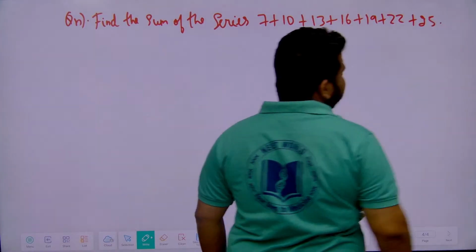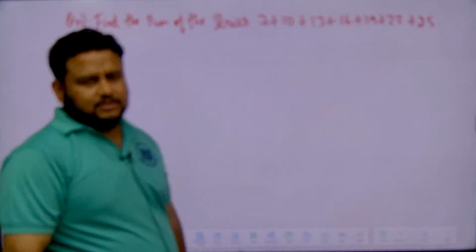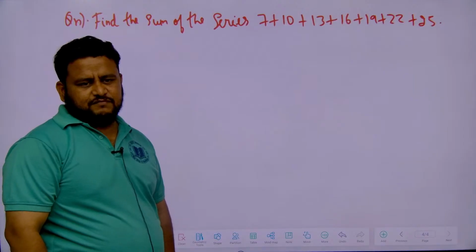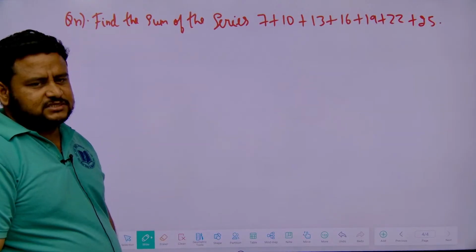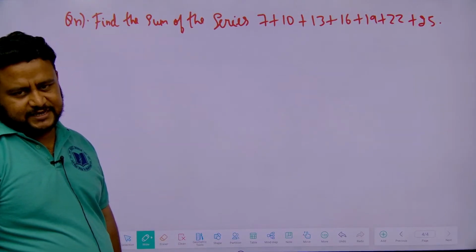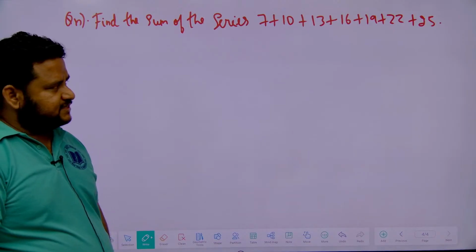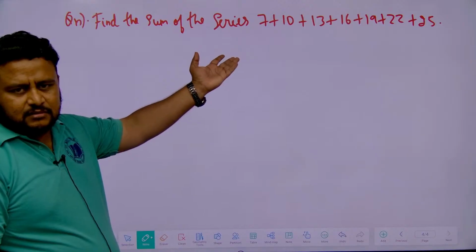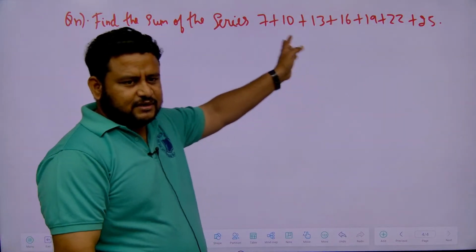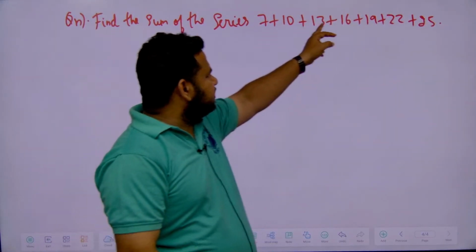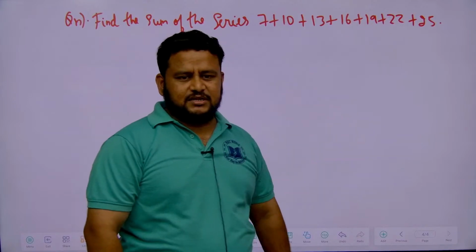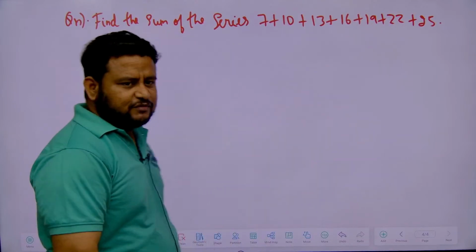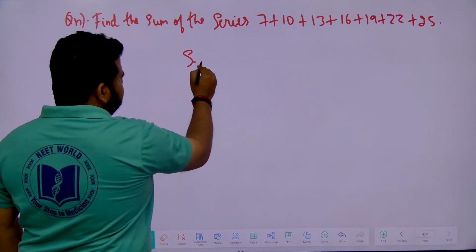You have to find the sum of this series. To find the sum of the series, we have a formula, that is Sn. Here n means the number of terms, and it is given because the series is not infinite. The terms are 1, 2, 3, 4, 5, 6, 7. So the number of terms is 7. I have to find S7, the sum of 7 terms.